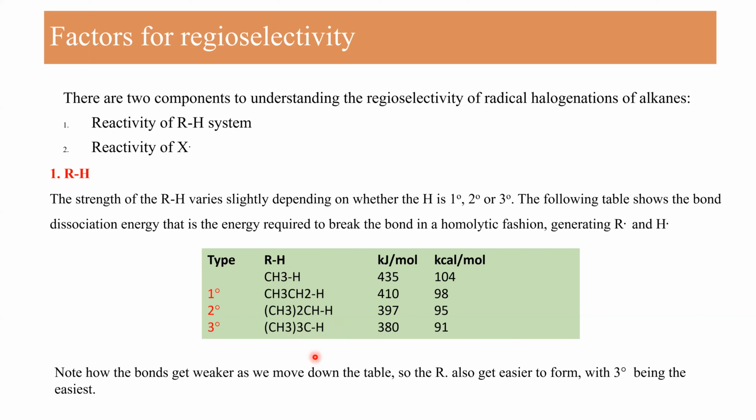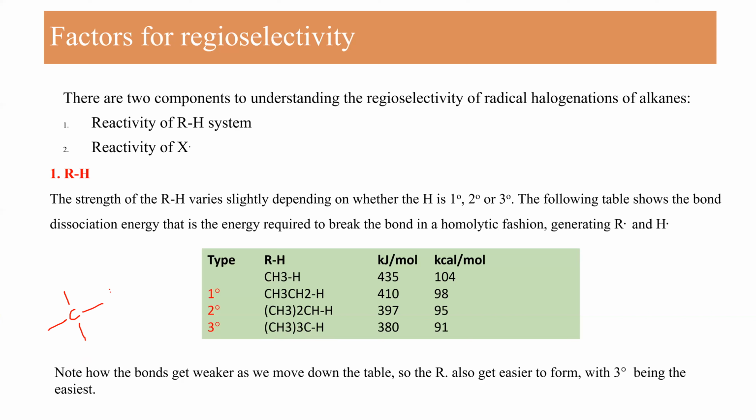The reason is this: if you compare this extreme case, which is the tertiary one, and I draw it in a more open version, you will be able to see. Now I'm not concerned with the valency. I just wanted to show what is happening with this one, right?